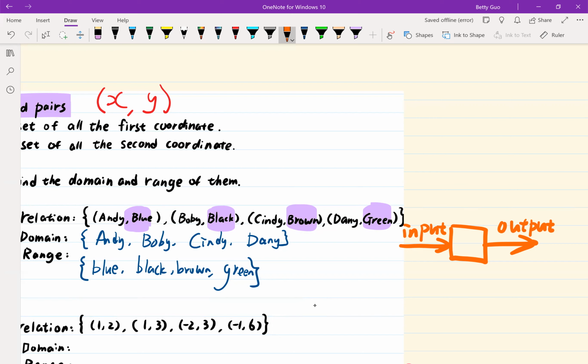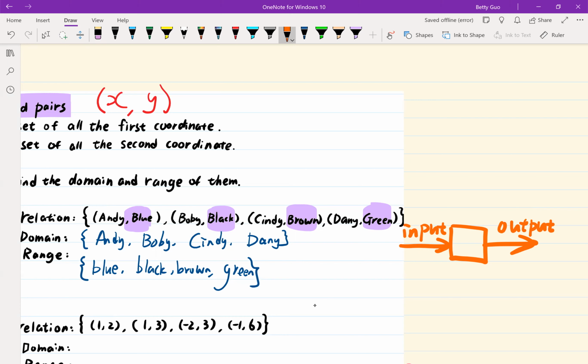Let's see what kind of machine this can be seen as. If I give the machine the name of the person, the machine would produce the eye color for the person. Would that be cool? If you put in the name of a person, the machine would tell you the eye color for that person. It's kind of a program, right?